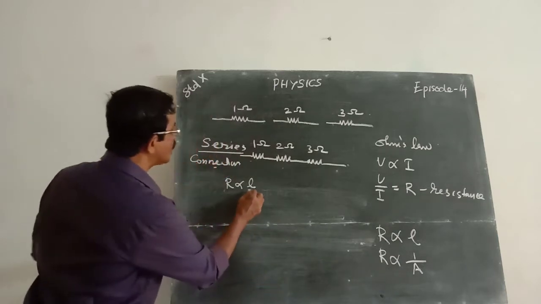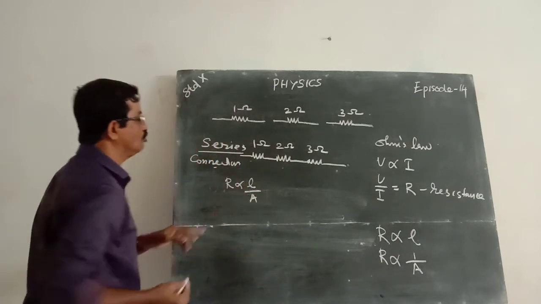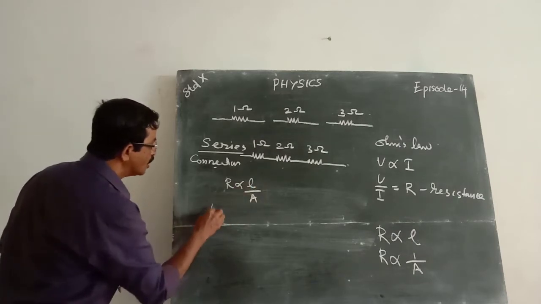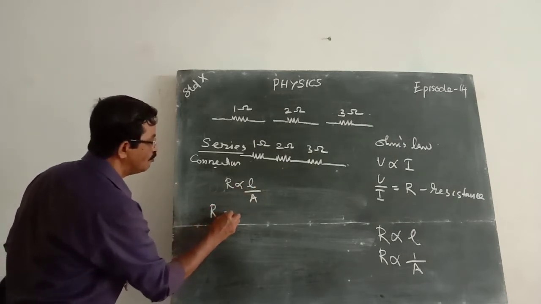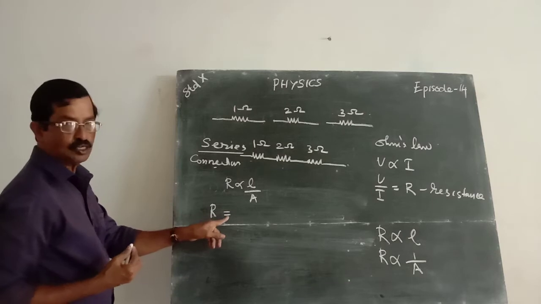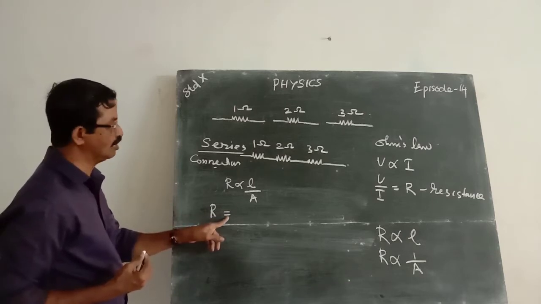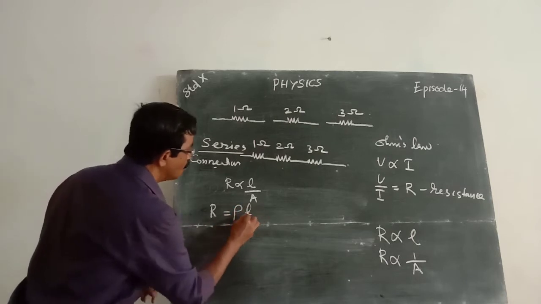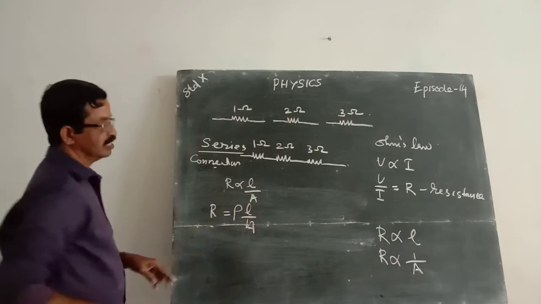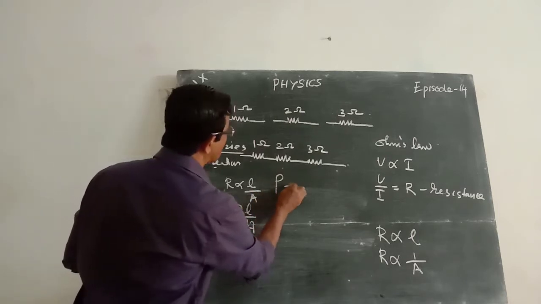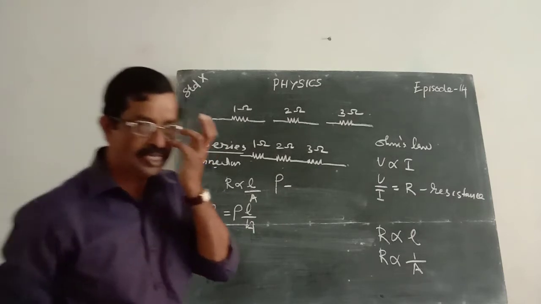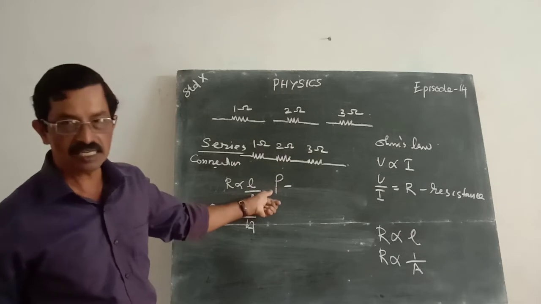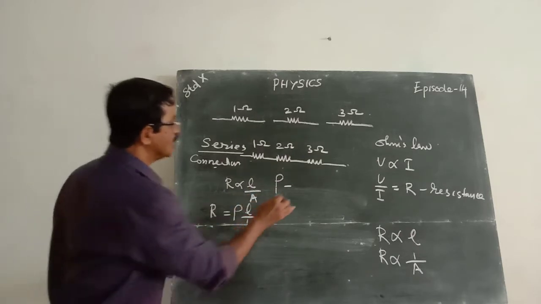By combining these we get R proportional to L by A, or we can replace this proportionality with an equal to sign, by giving a constant, that is R equals rho L by A. What is the name of this rho? Can you say what is the name of this rho? Rho is the term. What is it?